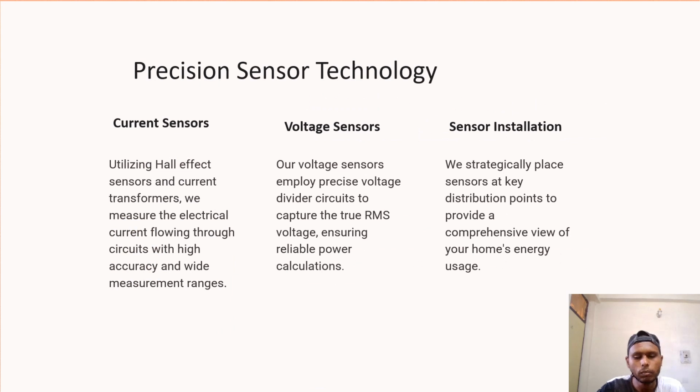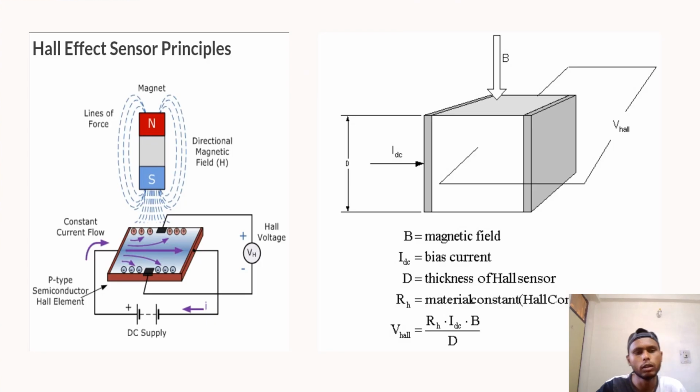So here we will use current sensors and voltage sensors. In the current sensor we will use Hall effect sensors to measure the electrical current flowing through the circuits with high accuracy and wide measurement ranges. Most of us are familiar with the Hall effect sensor principle.